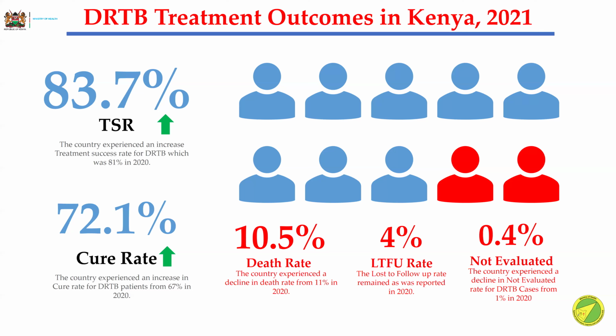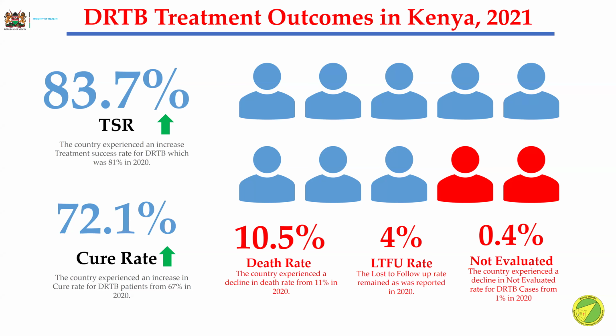And Kakuma was also closed as a refugee camp, and that is where we saw that loss to follow-up. Those ones who are not evaluated, the country experienced a decline in not evaluated rate from 1% in 2020. So that decline in loss to evaluation is a good indicator because it means that you are monitoring most of your patients well.